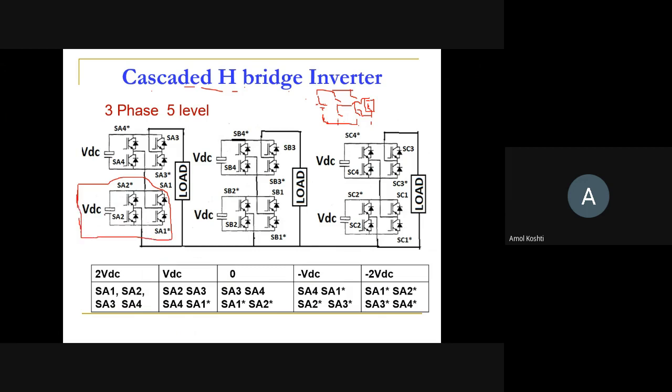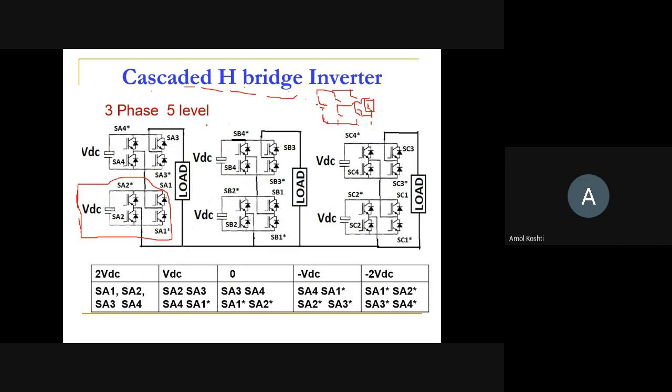Here we have one DC input and four switches, and across that we can connect a load. This one cell is referred to as a bridge, and these bridges we are connecting in a cascaded manner to get the output waveform. That is the reason it is referred to as a cascaded H-bridge type inverter.